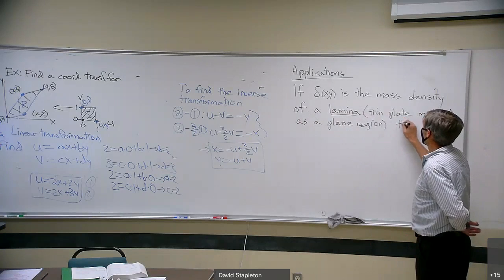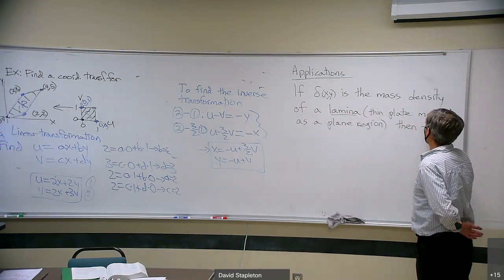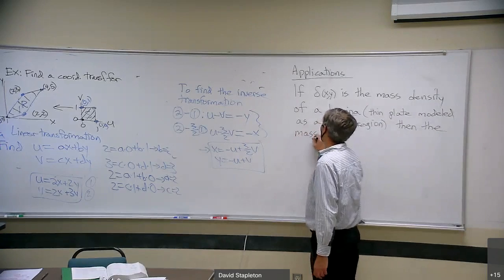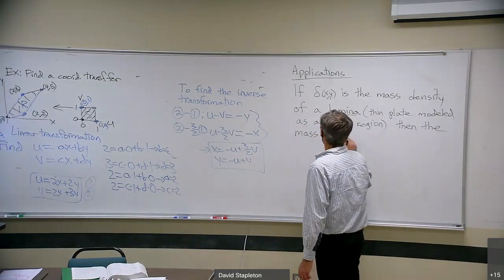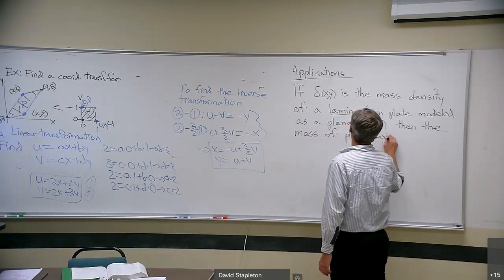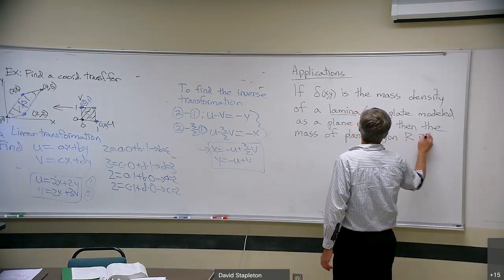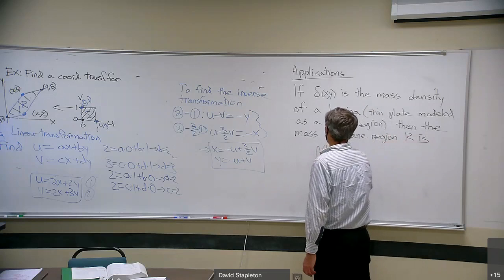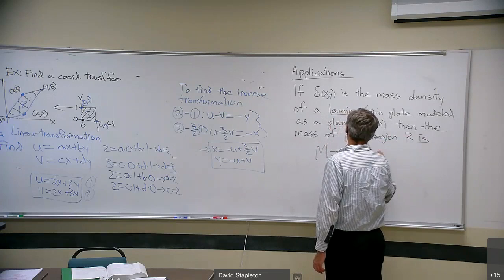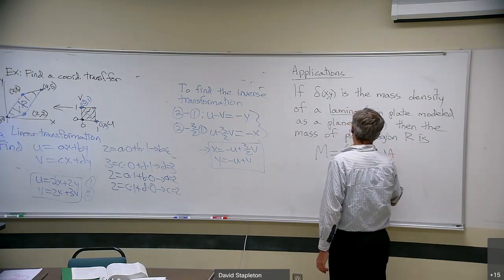Then the mass of plane region R is defined to be the double integral of the density over the region.